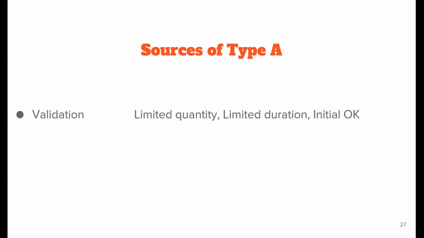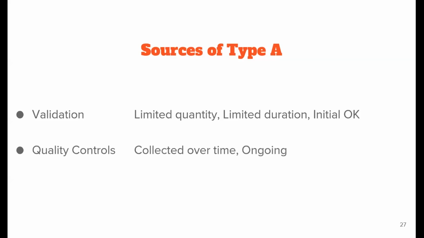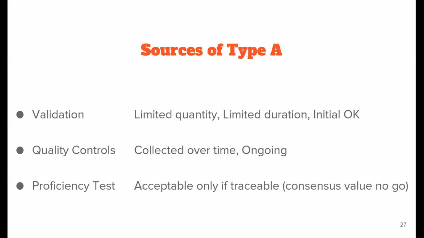And so initially, this is okay to use. Then there's quality control data, which is collected over time and is going to be a much better representation of ongoing performance. And so once you've moved past validation and collected some ongoing QC data, this is the preferred type of type A data to include.